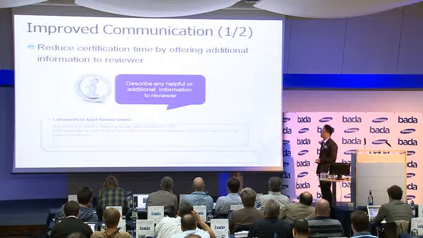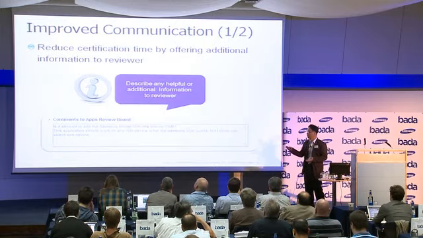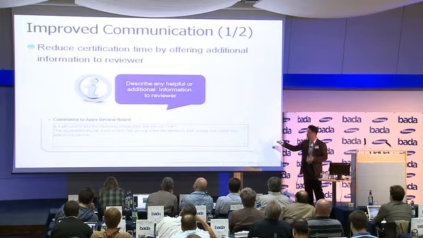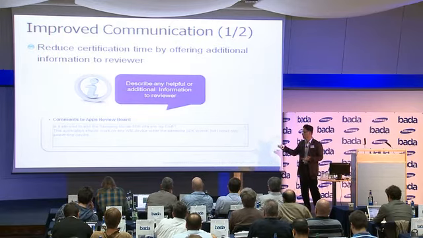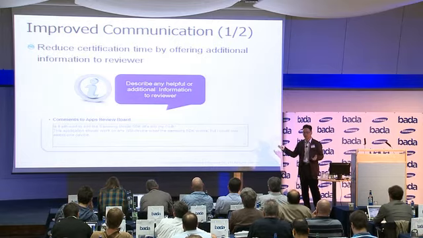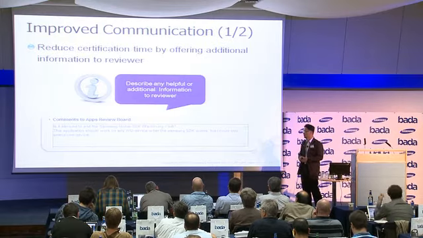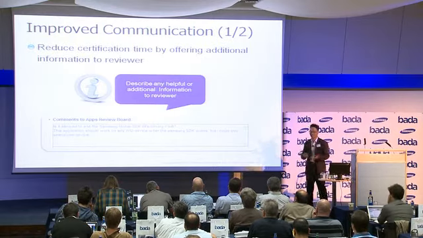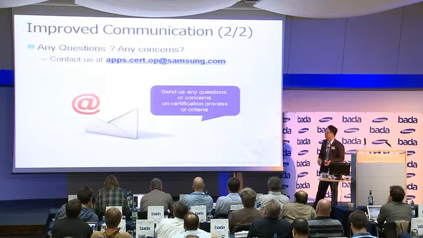Next, developer support improves communication. When you submit the application, you will see this kind of field, a comment to the app review board. You can put some application operation notes or some personal comment here. For example, maybe next week is your birthday, so please pass this application as a birthday gift, and we'll try to pass your application.